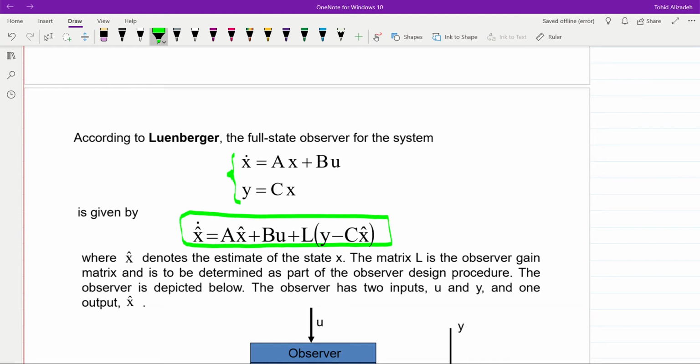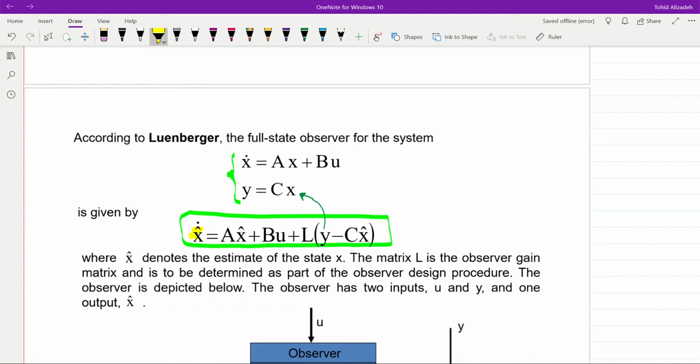And y we already know is equal to C times x. So x hat here is the estimate of the state x.